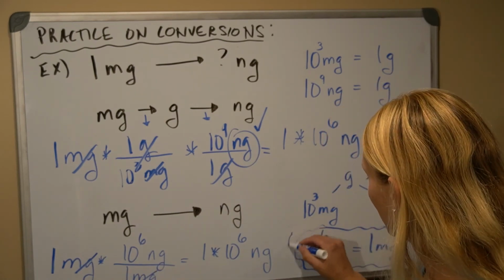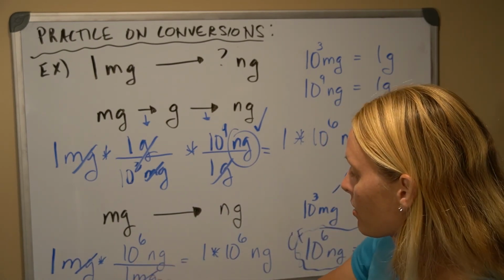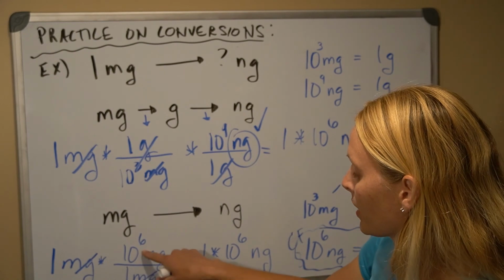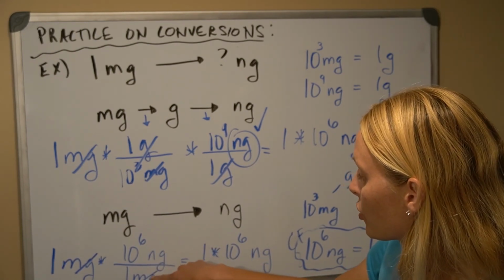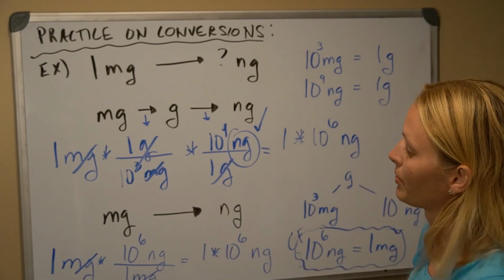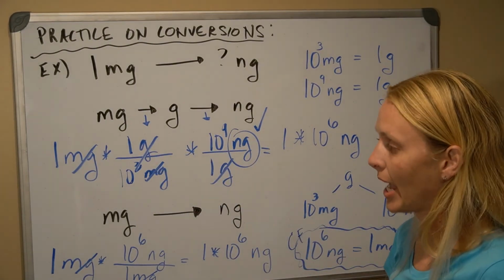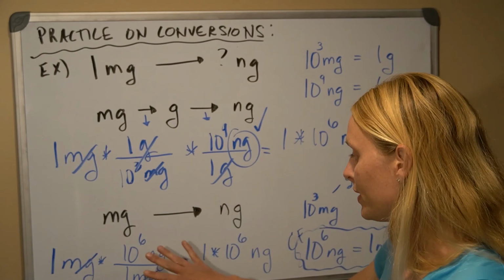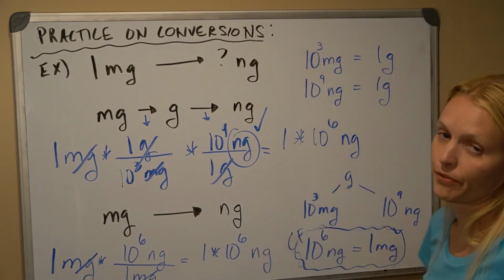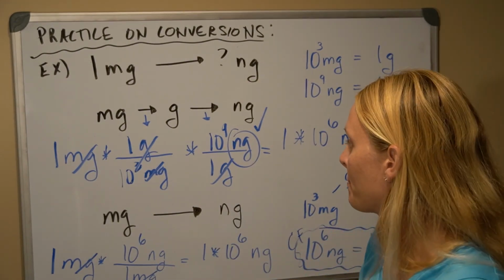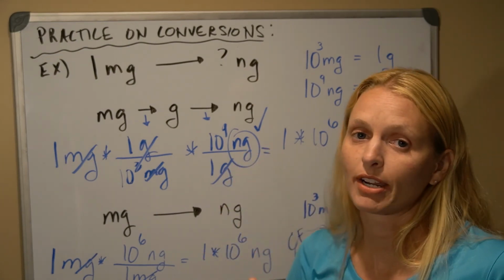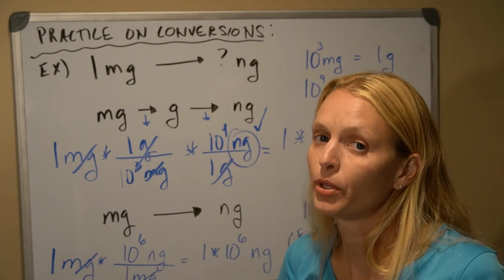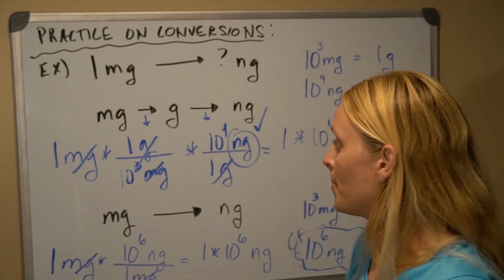I just plug this conversion factor in right here, so my milligrams are on the bottom, and 1,000,000 nanograms is equal to that, and so my milligrams cancel and I end up with my nanograms. So you essentially have one less step if you're confident in figuring out the factor difference between the prefixes like that. Okay, it's completely fine to go up to the base unit, and I would highly recommend that you do that until you become very familiar and confident in that.